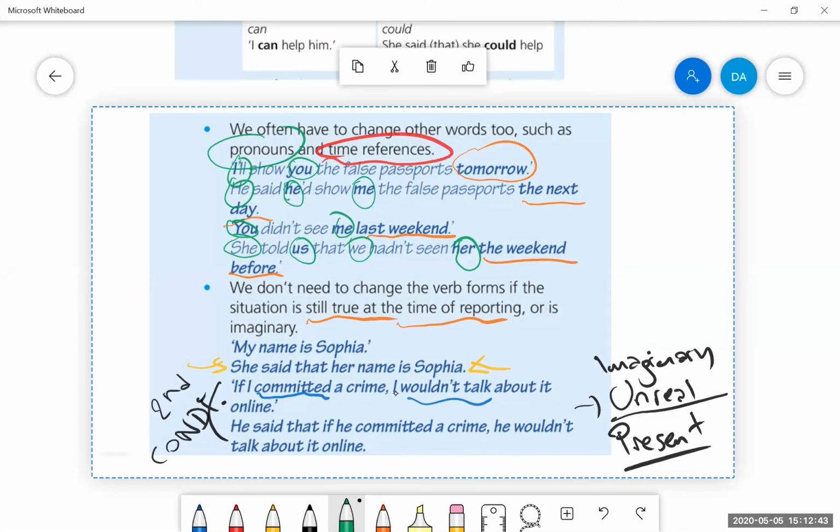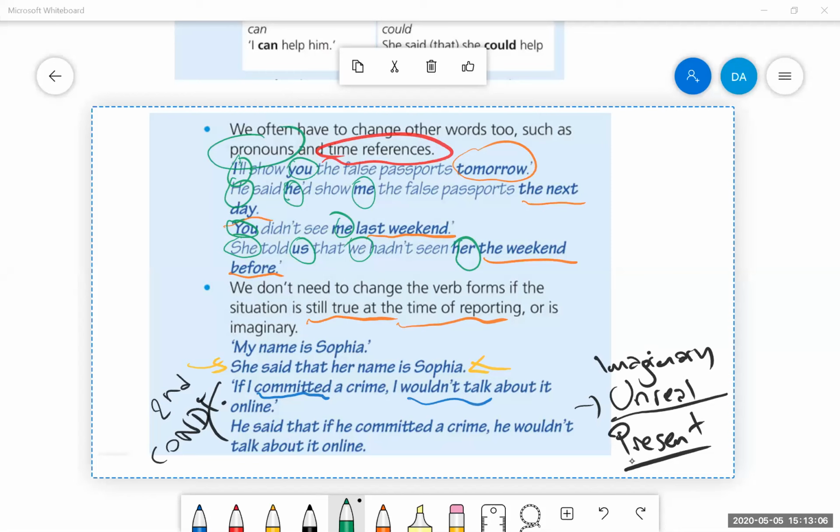And if I committed a crime, I wouldn't talk about it online. Remember the previous study page that we talked about. So the sentence is in second conditional. In second conditional, what we talk about is the unreal, imaginary present.